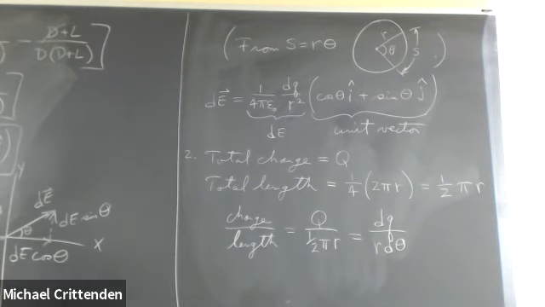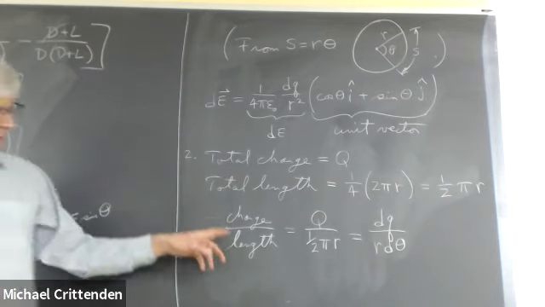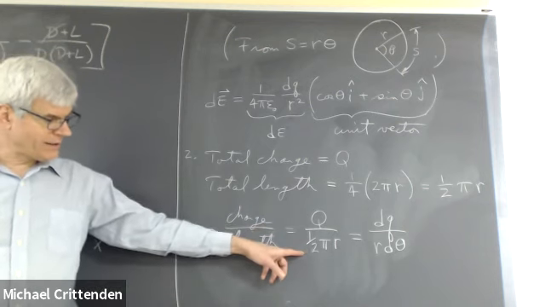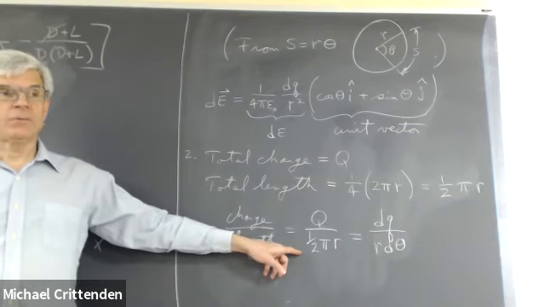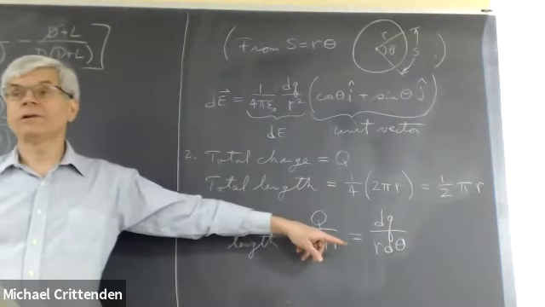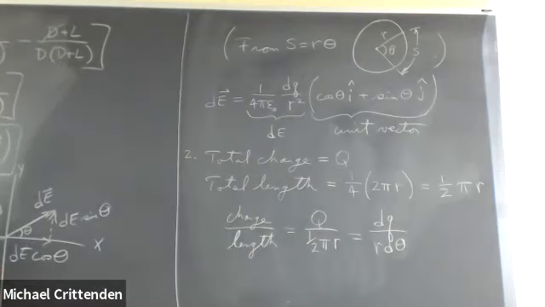Because it's uniformly charged, the charge per unit length for the entire rod is the same ratio as the charge per unit length of a typical little piece of it, like that one.